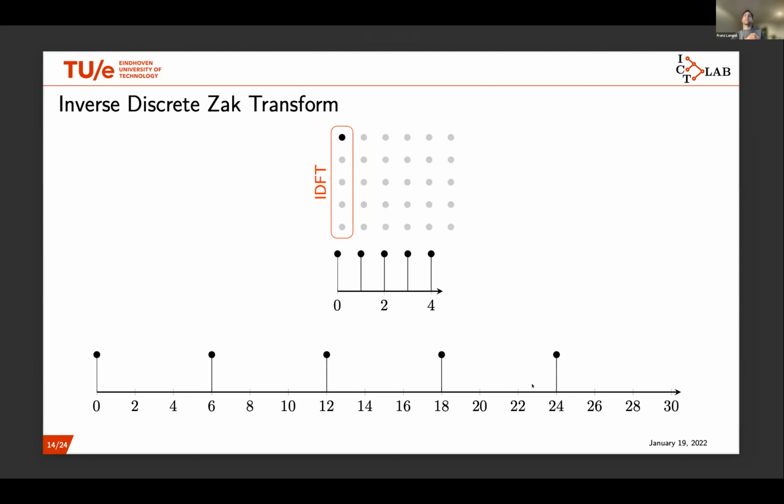We saw that the Zak transform was taking the Fourier transform of a subsampled sequence. So we can say the inverse Zak transform is reversing this operation. First of all, we take the inverse Fourier transform of the columns of this matrix, and we get a sequence. Then we upsample this sequence, so we get a train of impulses. For example, here I define the index k equals 0, which gives me a DC component, and then we spread the symbols here.